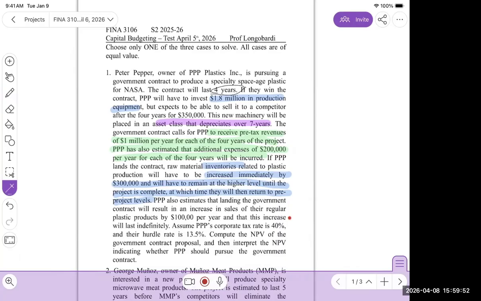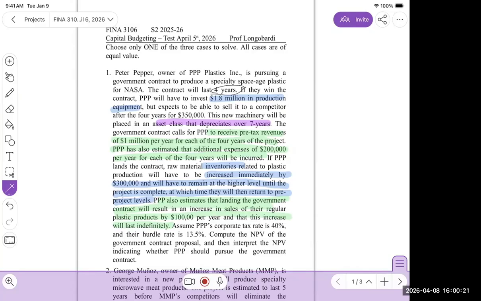So this should be interpreted as a side effect because they have ongoing production of their original regular plastic products. So that's going to be another project of the firm. So we'll see that as a side effect that goes into the green income. And that's indefinite, so that's going to be a perpetuity.